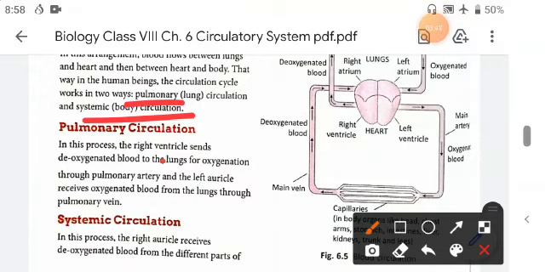Okay, now pulmonary circulation. In this process, the right ventricle sends deoxygenated blood to the lungs for oxygenation. See here, this is the right ventricle.